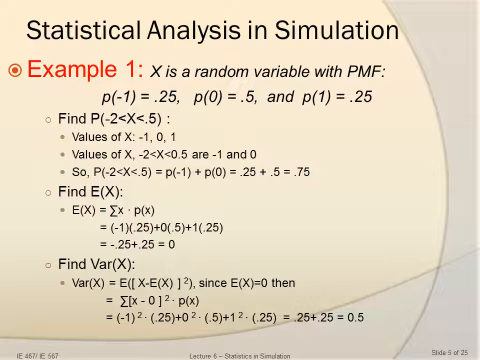Of course the middle product is again 0, and because -1 is now squared, we get 0.25 for the first product, and again 0.25 for the third product, so together we get 0.5. So the variance is 0.5.